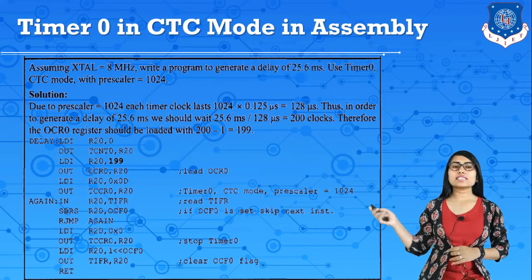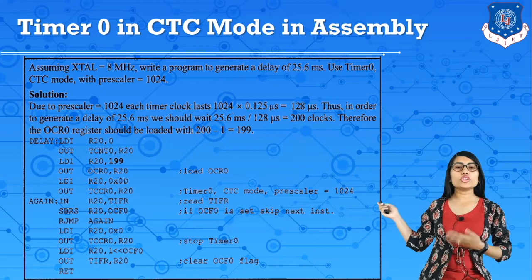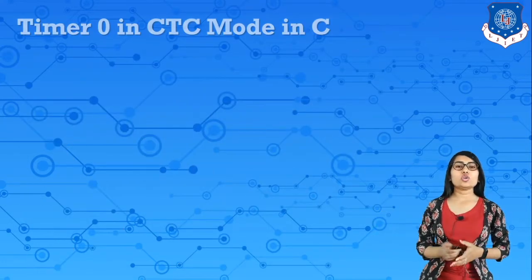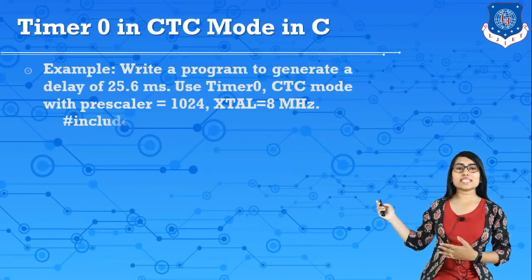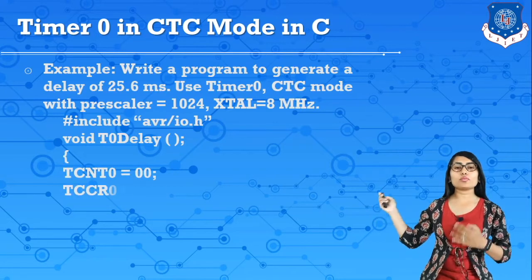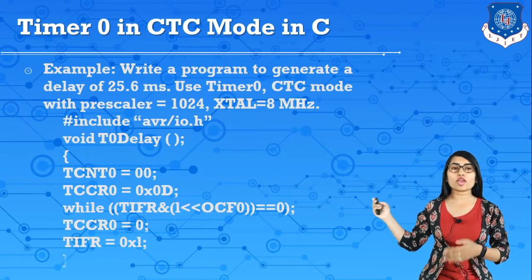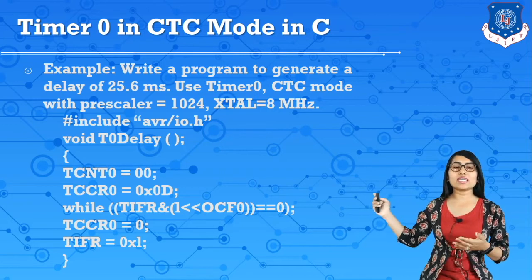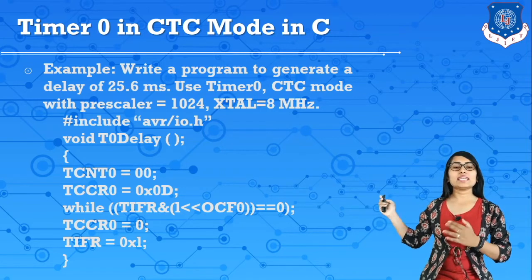Now let's discuss timer 0 CTC mode using C. Write a program to generate a delay of 25.6 milliseconds. Use timer 0 CTC mode with prescaler 1024, XTAL 8 megahertz.